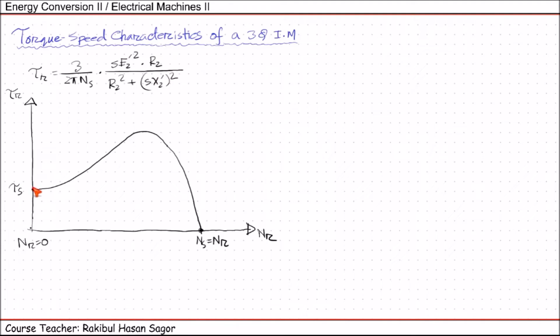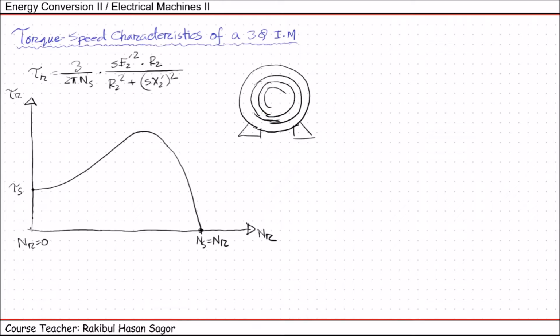And we described in the previous class that the motor will produce exactly same amount of torque equal to the load torque. So if we consider a three-phase induction motor, suppose this is the side view of a three-phase induction motor. Inside we have the rotor.